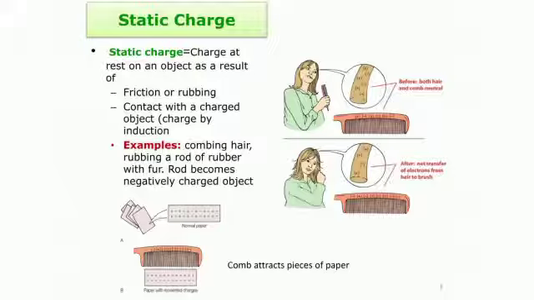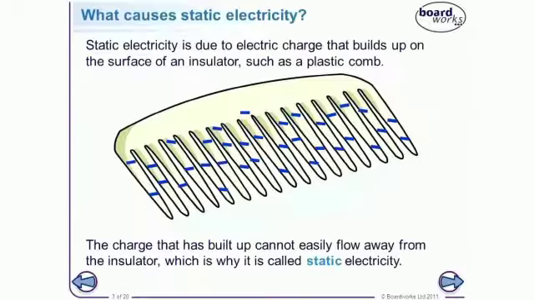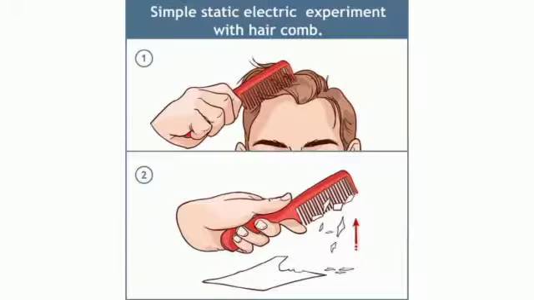Is it magic? No, it is not magic. Can you explain what is happening? So, students, the reason behind this is that combing transfers electrons from the hair to the comb by friction, resulting in a negative charge on the comb and positive charge on the hair. And initially, the comb is electrically neutral, and the plastic comb gets electrically charged due to rubbing, and therefore it attracts tiny pieces of paper.